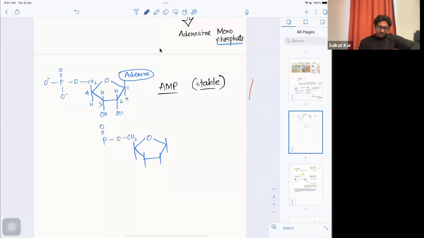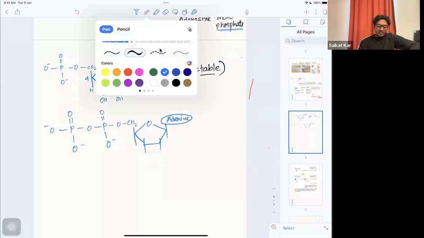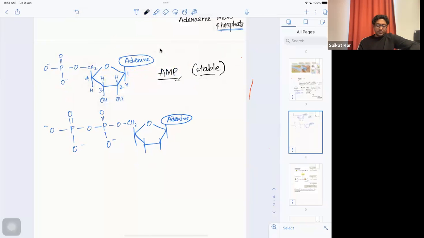This phosphate is binding to another phosphate. Now this is becoming ADP, slightly more unstable than AMP.